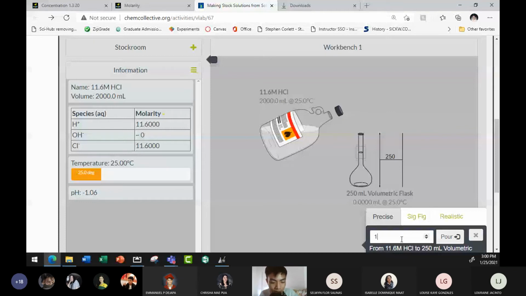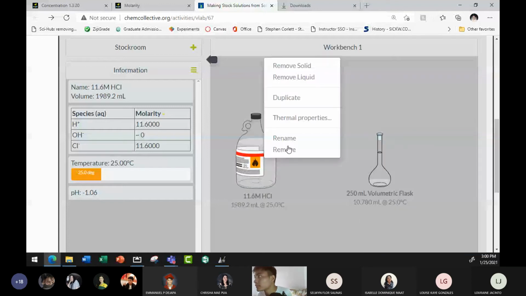Kailangan maalala nyo yan. Okay? So, yan. Magta-transfer ako ng 10.78 ml ng concentrated acid sa aking vol flask. Okay. So, ando na yung 10.78 ml ko ng acid.